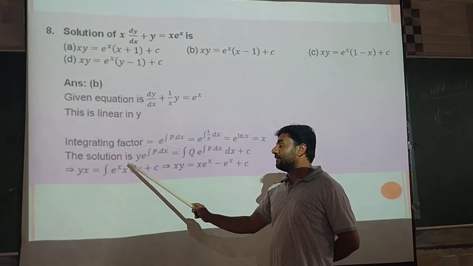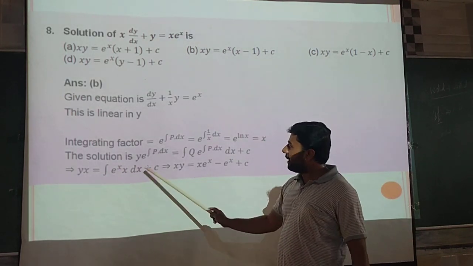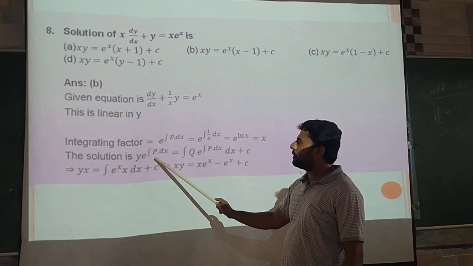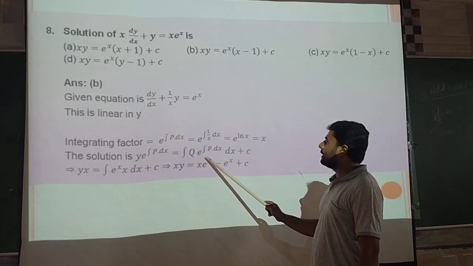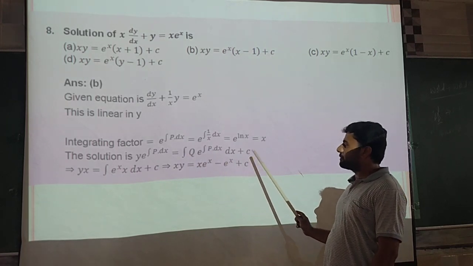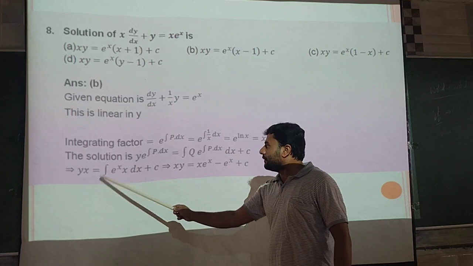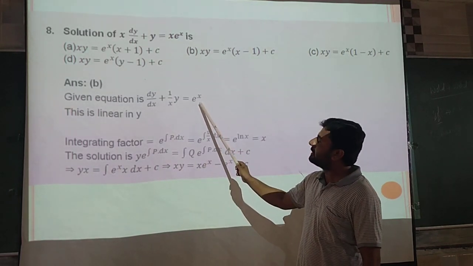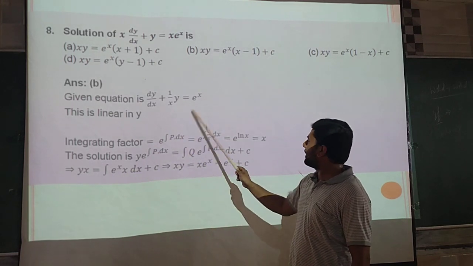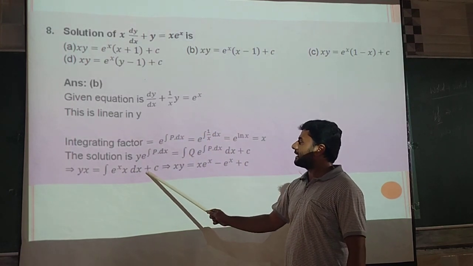The solution of the differential equation is y times the integrating factor, e^(∫p dx), equal to the integral of q times e^(∫p dx) dx plus c. Then y times the integrating factor x is equal to the integral of e^x times x dx plus c.